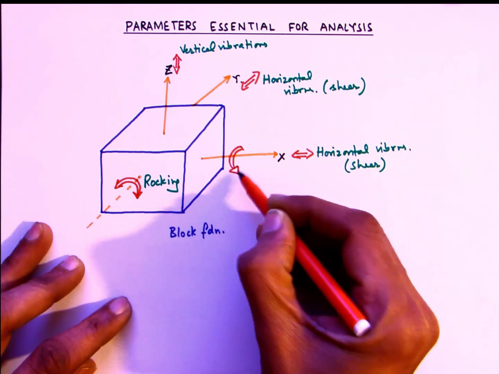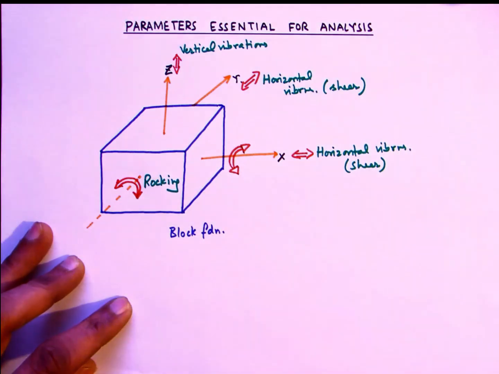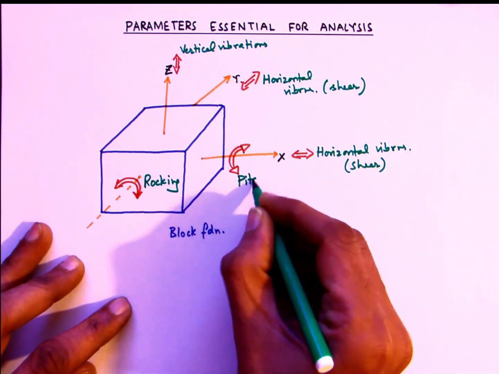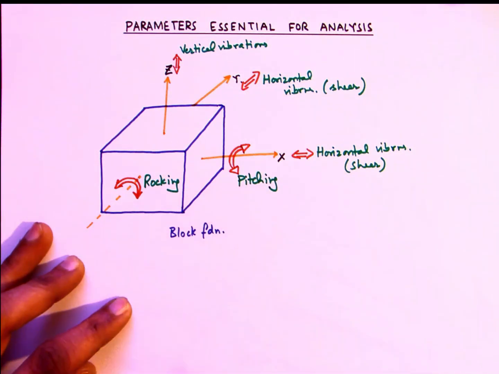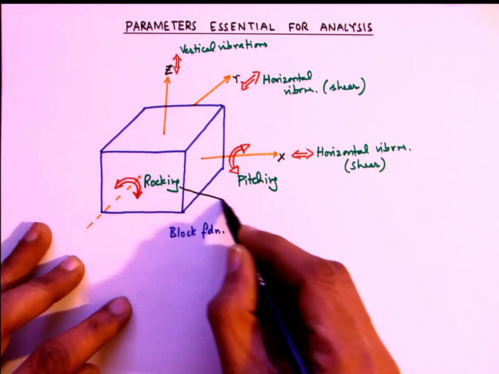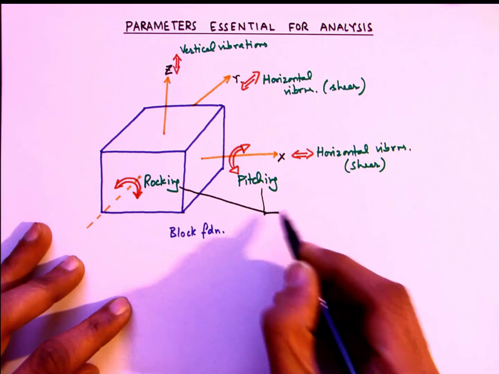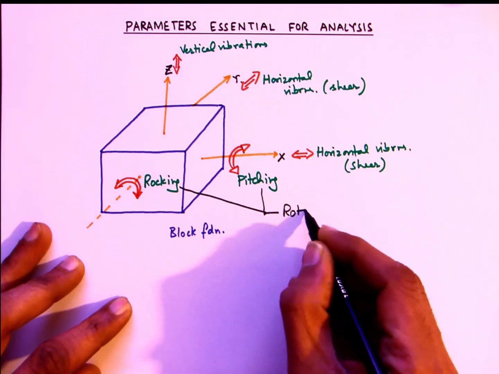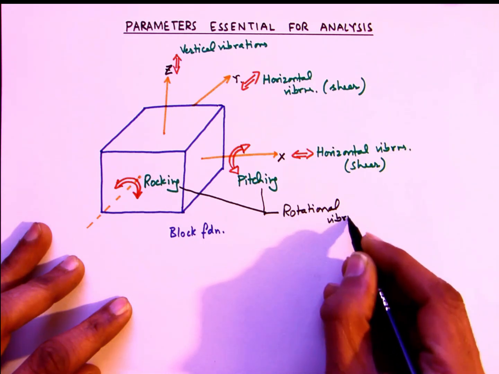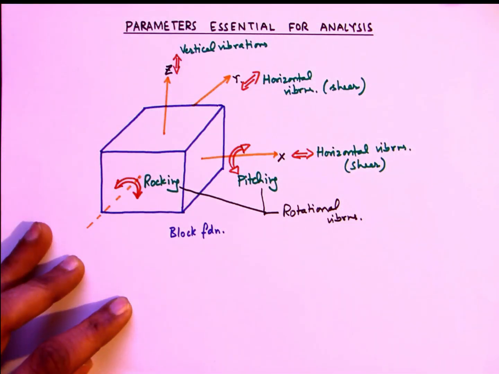So it basically takes place in the plane of the main rotor, and then the vibrations in the plane normal to it, that is the vibrations in the yz plane, are called pitching. So these are basically the vibrations about the x-axis. These involve basically bending of the soil.